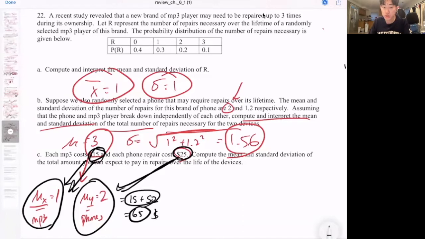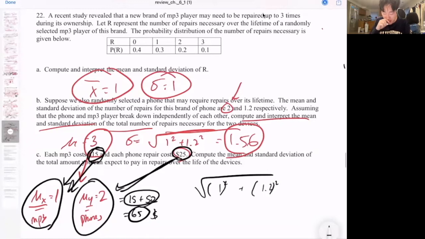For standard deviations, remember that you have to do 1 squared plus 1.2 squared. But not only that, those values need to be multiplied by their respective price. So this is 15 times that, and 1.2 is the standard deviation, which you will multiply by 25. Remember, multiplying by the price or by anything impacts your standard deviation as well as the mean.